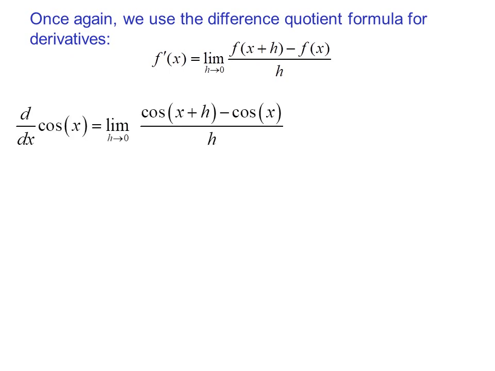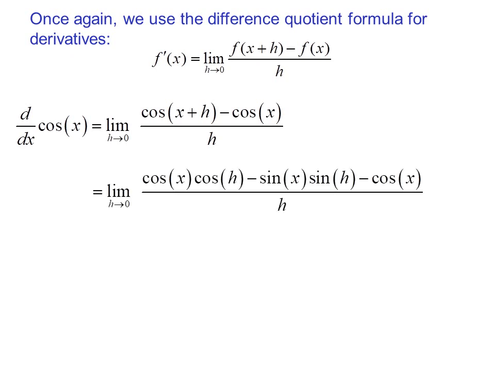So the derivative of cosine x is the limit as h goes to 0 of cosine of x plus h minus cosine x over h. Using the formula for cosine of a sum, we get the limit as h goes to 0 of cosine x cosine h minus sine x sine h minus cosine x, all over h.